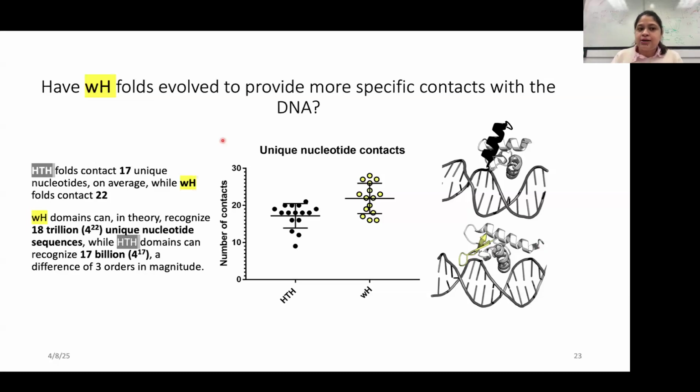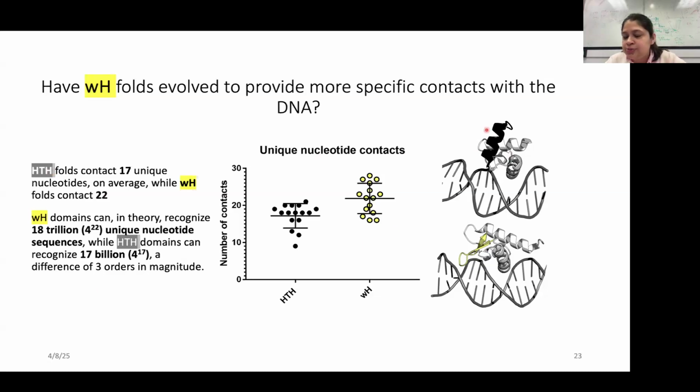So have these folds, the winged helix folds, evolved to have more specific contacts with the DNA? And to understand that, what we did was we looked at all the solved structures of helix turn helix, which have contacts with 17 unique nucleotides, and winged helix contact around 22 unique nucleotides, which just tells you that there is more specific contacts for winged helix versus helix turn helix.